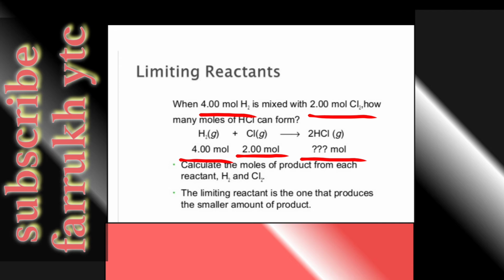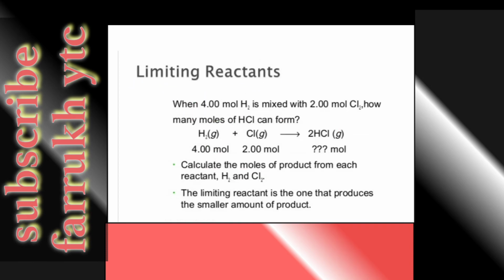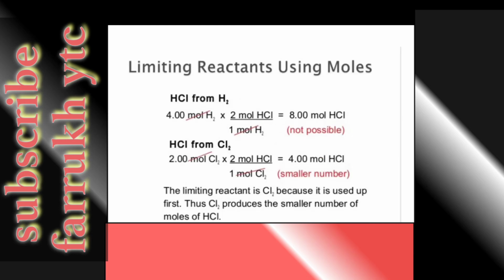First of all, if we want to find the amount of HCl, we have to find the number of moles. How can we find it? The very first step to find the limiting reactant is that we determine the number of moles of the product from each reactant, either hydrogen or chlorine.